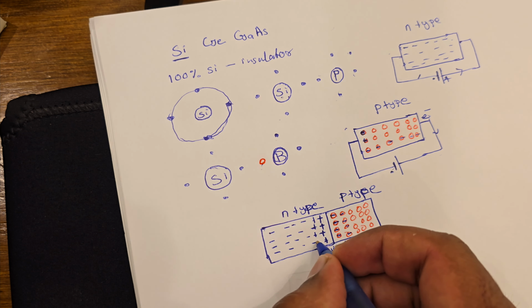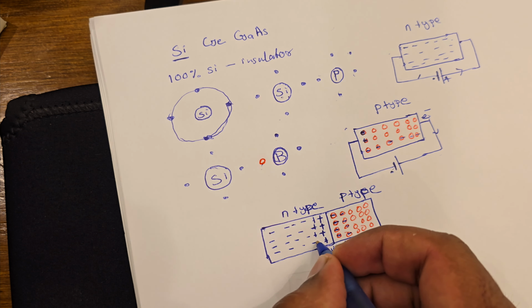On the other side, in the p-type semiconductor close to the junction, these holes received free electrons, and all the atoms in this region become negatively charged ions. So there is a positive charge and a negative charge existing side by side. Nothing happened to the free electrons here or the holes here.